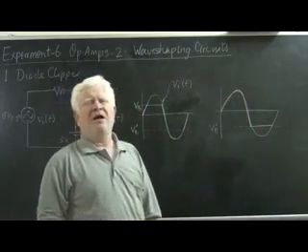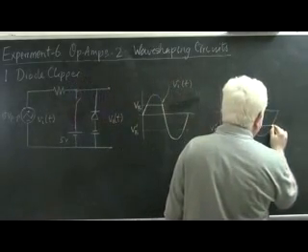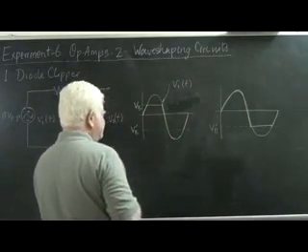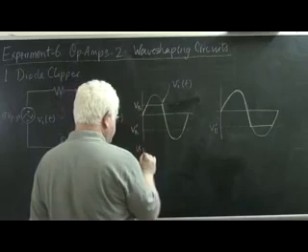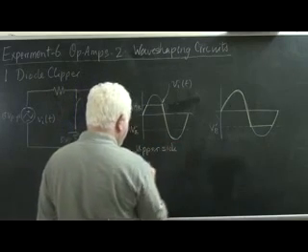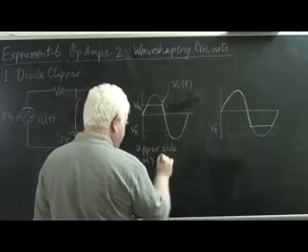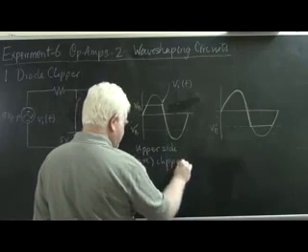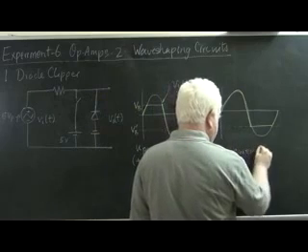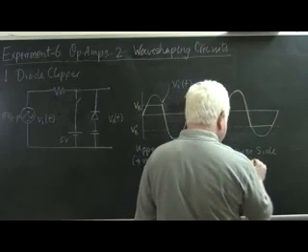And beyond this point, when again the input rises above VB dash, we go back to copying the input to the output. This is the upper side clipper, or positive clipper. And this is the lower side, or negative clipper.